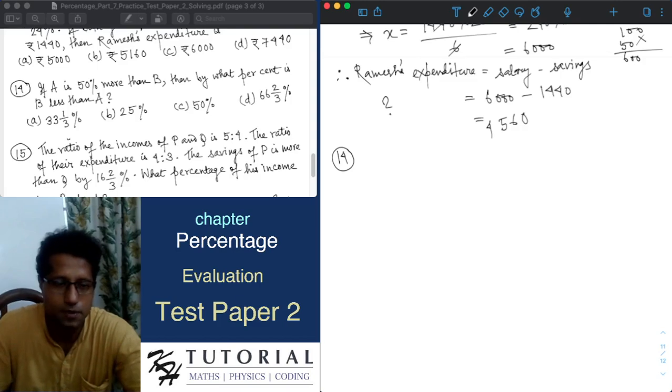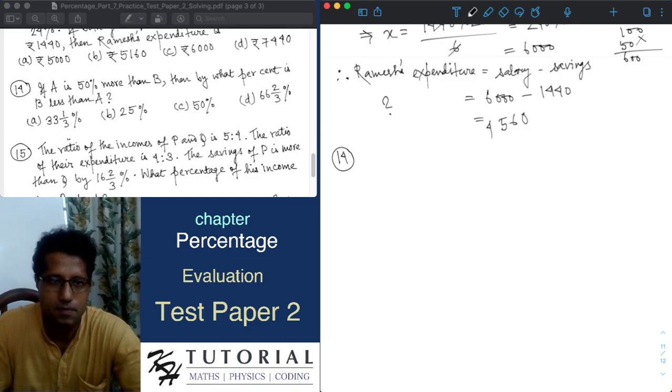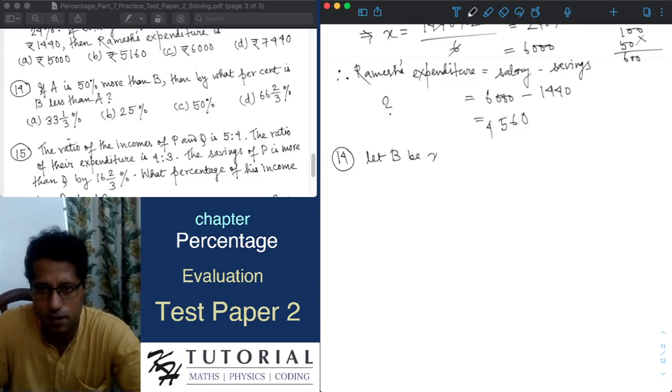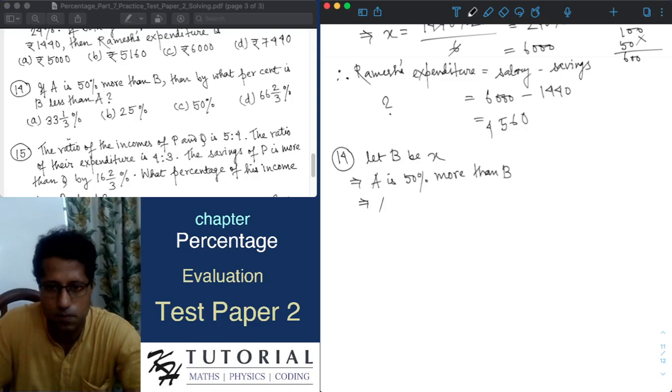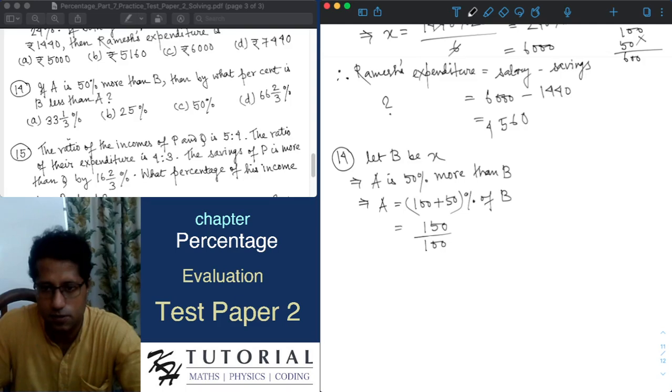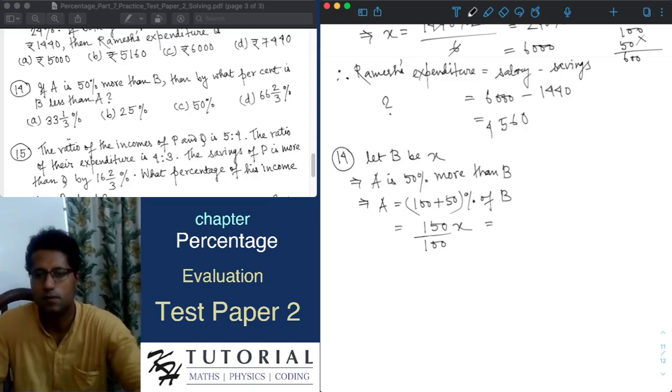Okay, so let the value of B be X. A is given to be 50% more than B. So A should be equal to 100 plus 50% of B. This is 150 by 100 multiplied by B. B is X. If we simplify it further, this will be 3x by 2. So A is 3x by 2 and B is X.